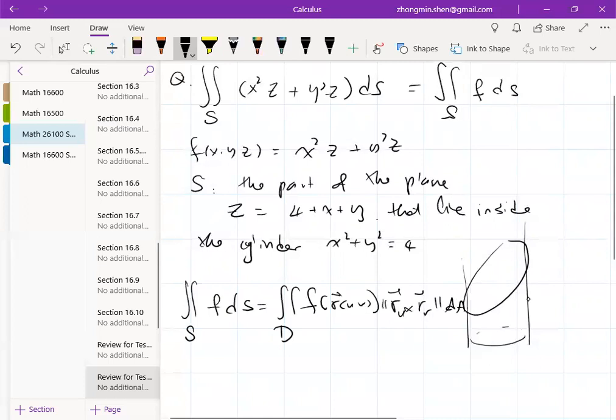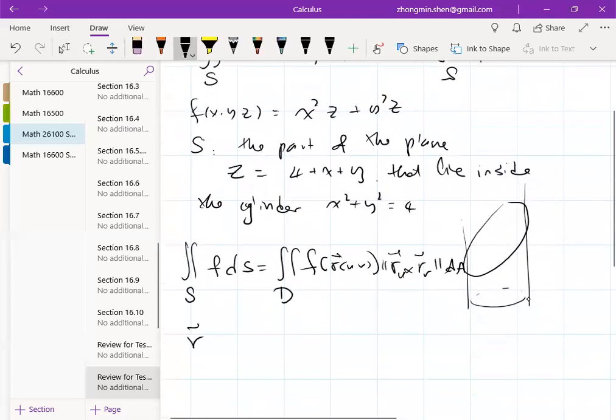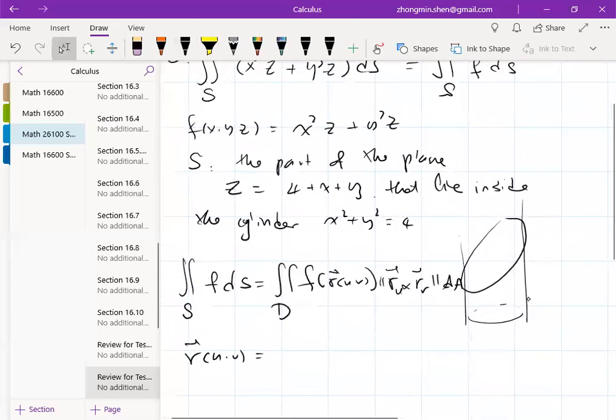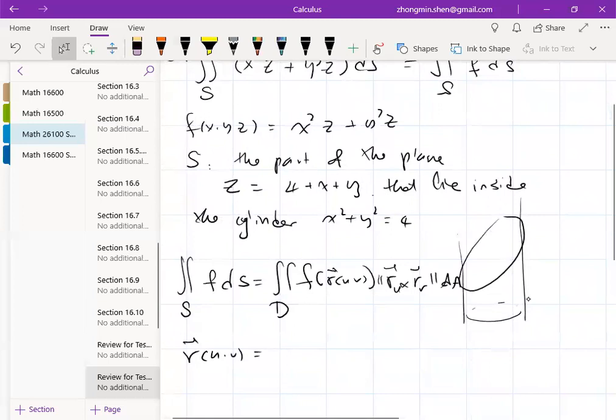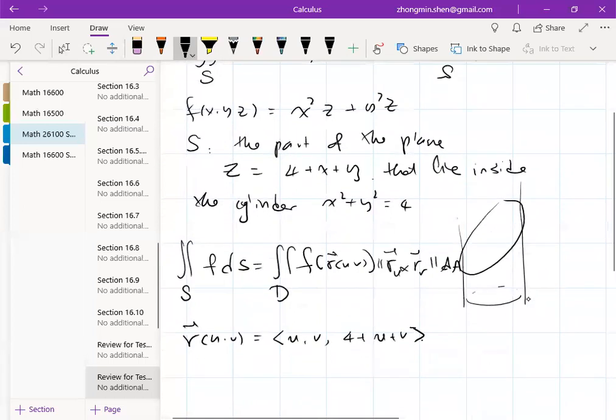You write that down first, then you find the parameterization in u and v. Now this is a graph of the function z equals 4 plus x plus y. So you can use x, y, but you can also use u and v: 4 plus u plus v, where u is for x and v is for y, and u squared plus v squared is less than or equal to 4.